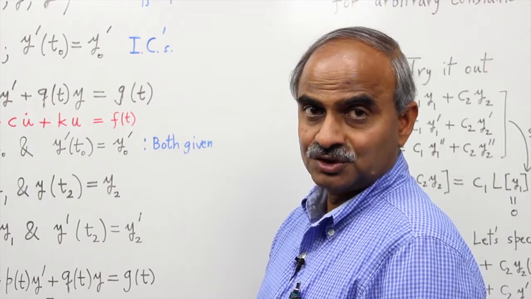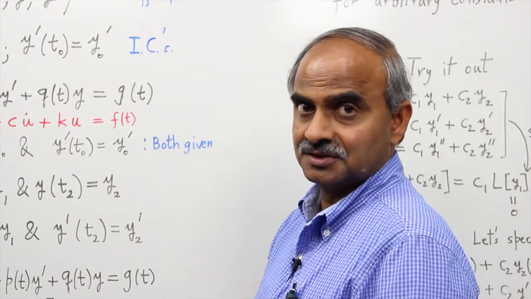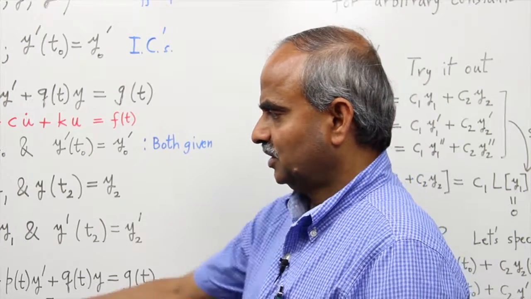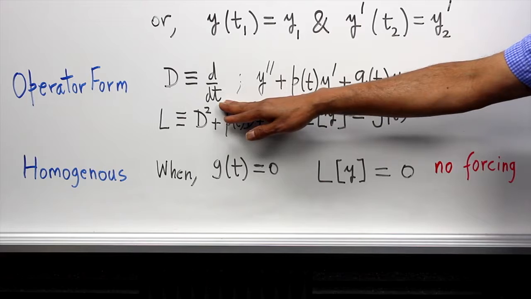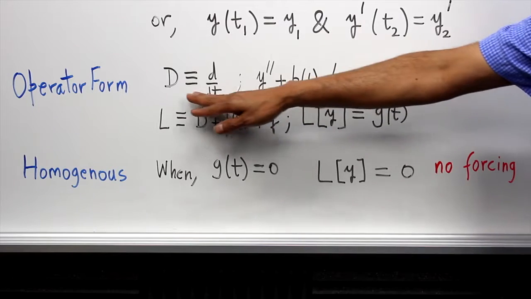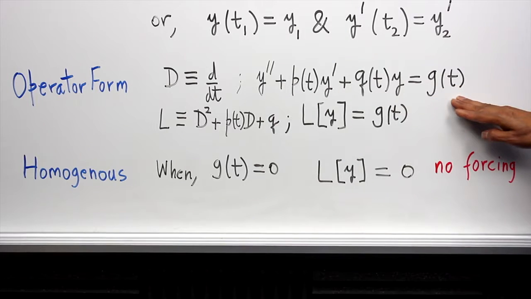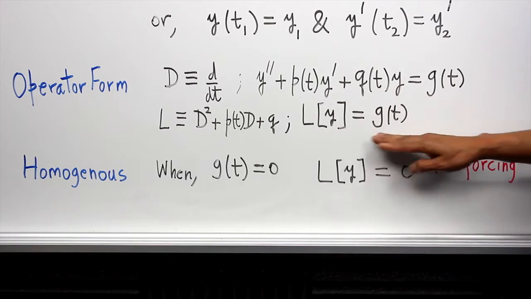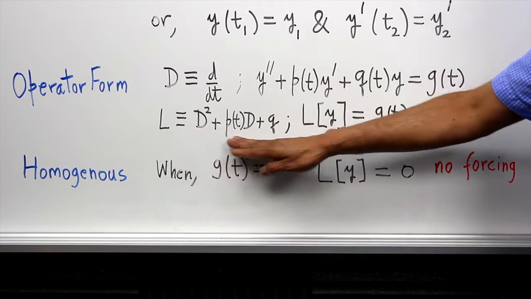We now want to introduce a shorthand, an operator form for writing the differential equation. Here, if we denote by capital D a shorthand for the rate of change in time, d dt, then this second order general linear differential equation can be put in a compact form like this using this operator L, where L is defined in this way.